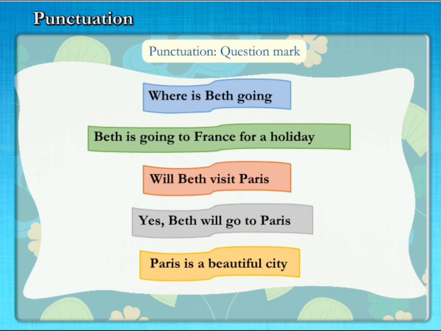We put a question mark at the end of the sentence, where is Beth going, because it asks a question. We also have to put a question mark at the end of the sentence, will Beth visit Paris, because this sentence also asks a question. All the other sentences are statements. They will end with a full stop.